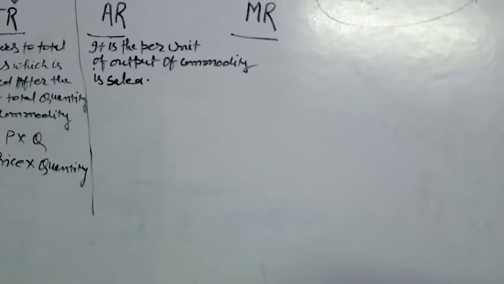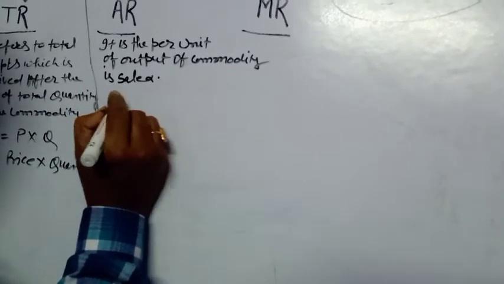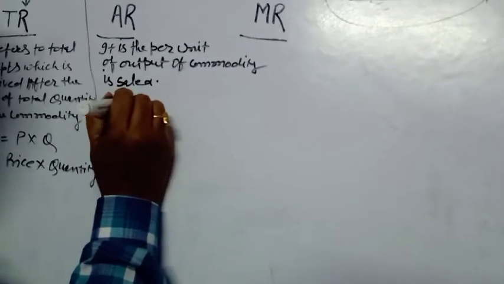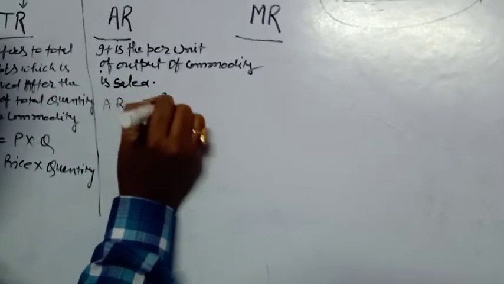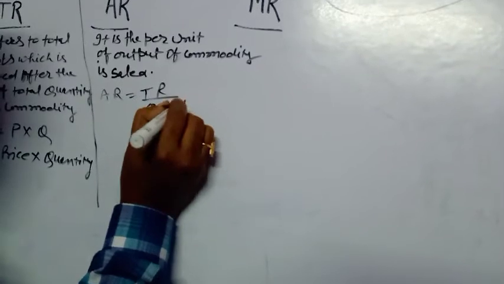Clear? So AR is equal to TR divided by output, or quantity.